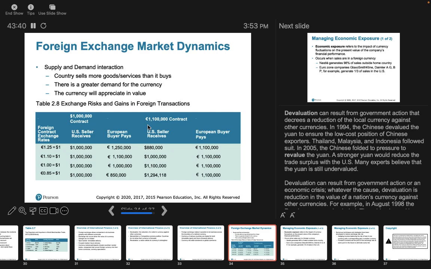This is different from a country that only imports for consumption, not for production purposes. Such a country will have a problem. There is going to be currency depreciation, and there won't be greater demand for its currency in most cases.